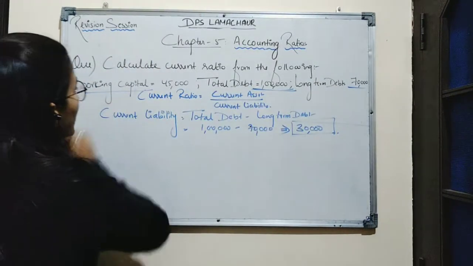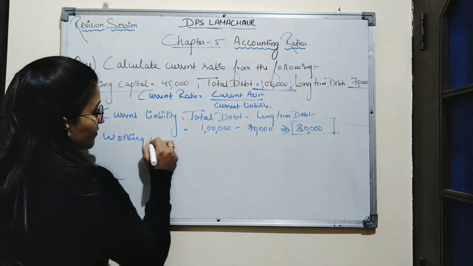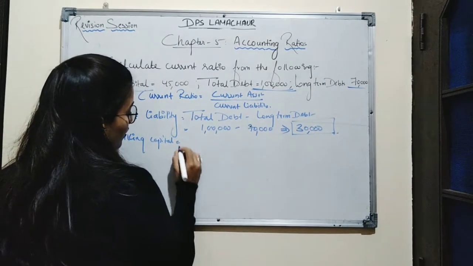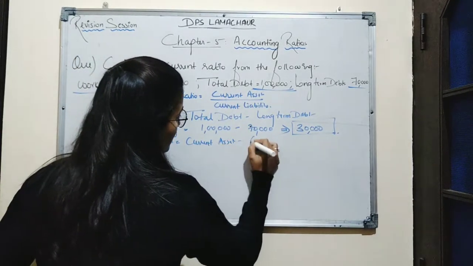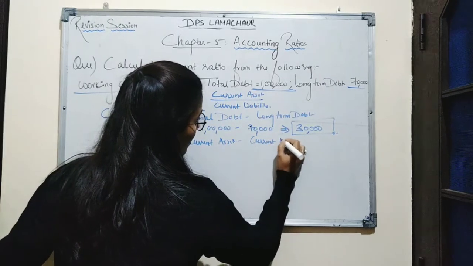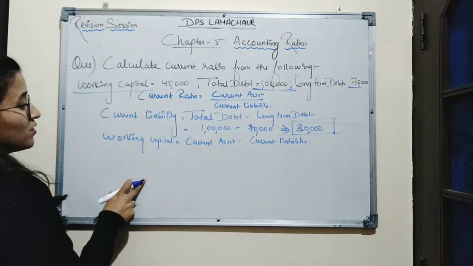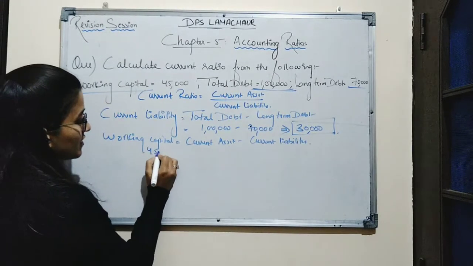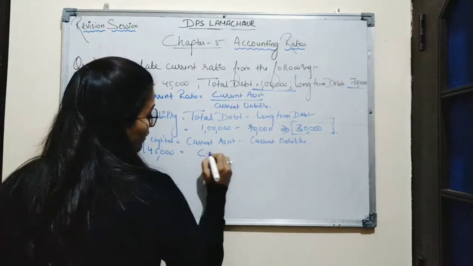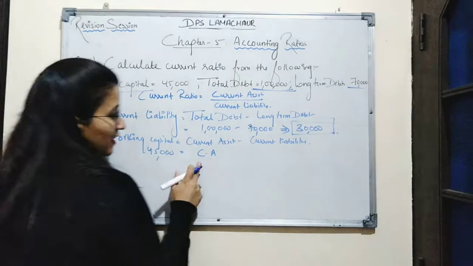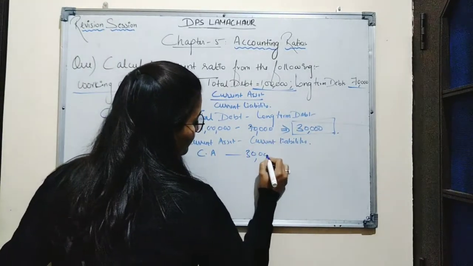We have been given working capital. As we know, the formula for calculating working capital is current asset minus current liabilities. So the amount of working capital is 45,000. We will put the value in the formula. Current asset has not been given, we will write it as CA, and current liability is rupees 30,000.